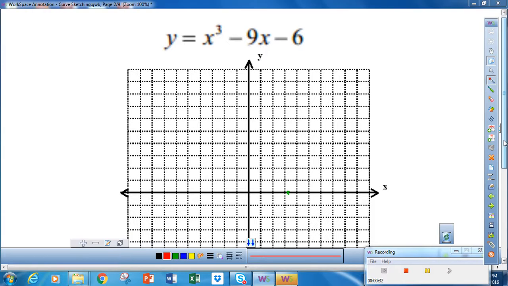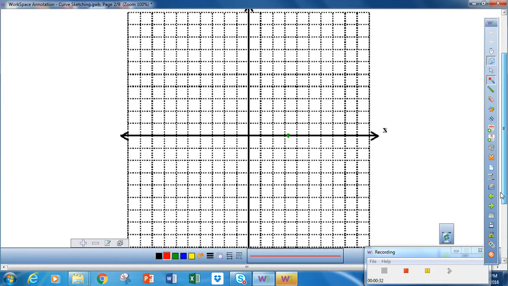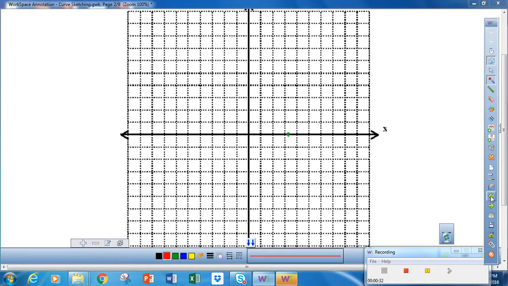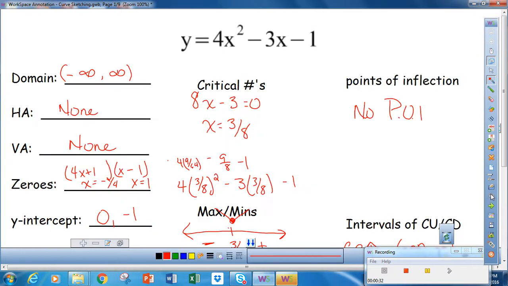Okay, but we would graph it sort of like this. We'd look at the zeros. We said that there was a zero at negative 1/4 and 1.